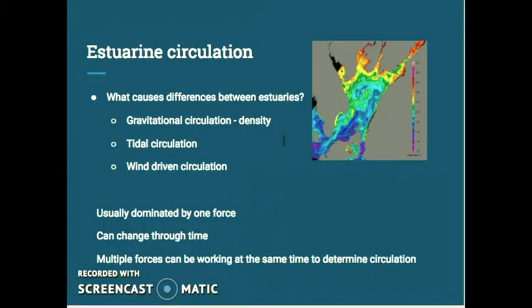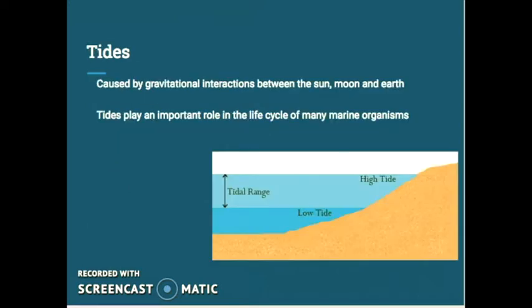Another thing that determines salinity in estuaries is the circulation, and we're going to focus on tidal circulation in particular. As a review for some of you and a quick catch up for others, tides are caused by gravitational interactions between the sun, the moon, and the earth.